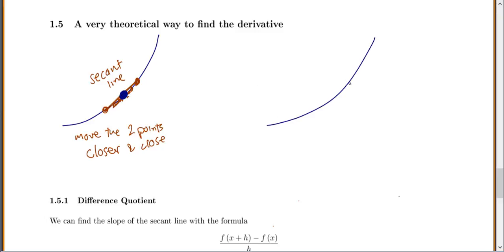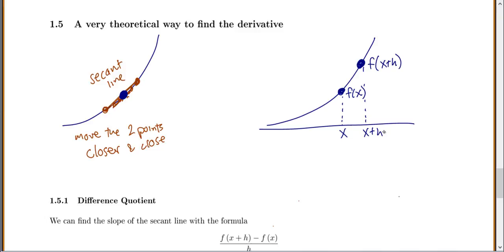So the way we do this theoretically is this is my actual value, f of x. That's what I want to find the slope of. So you take another point that's further up. To be general, we'll just call this f of x plus h. So what this means is here's my x value, and you just go over a little bit.